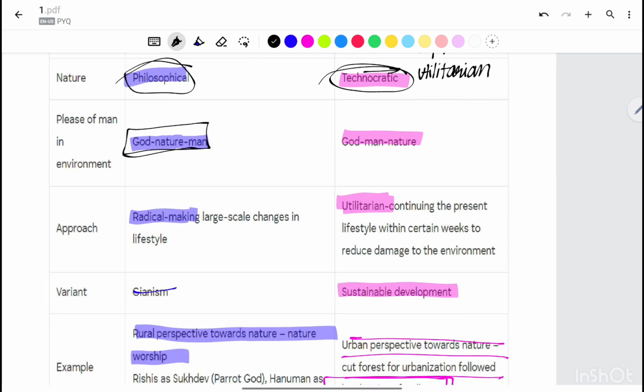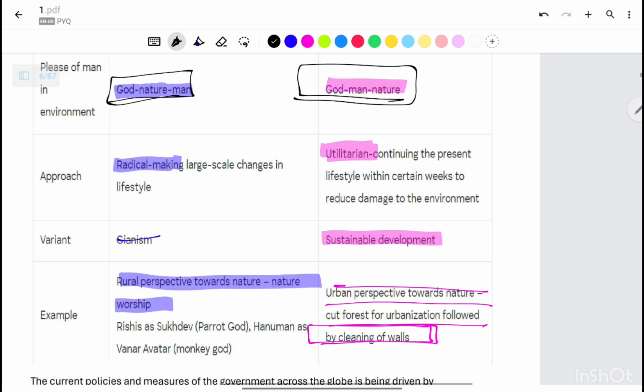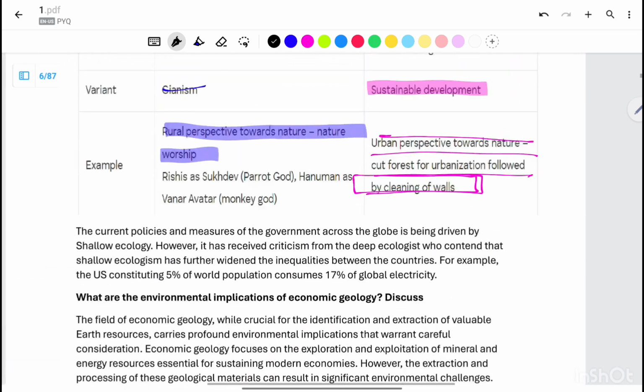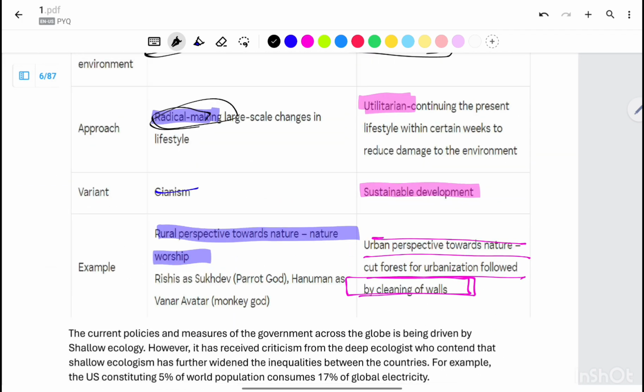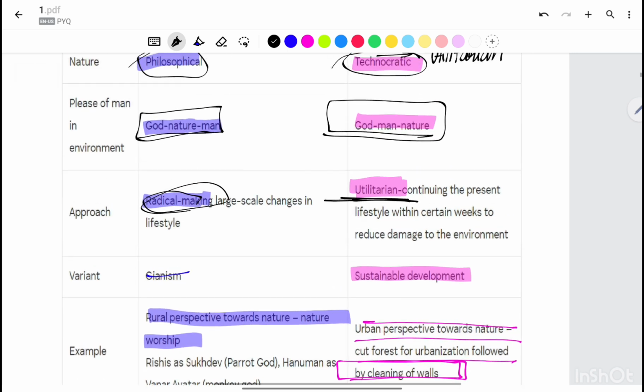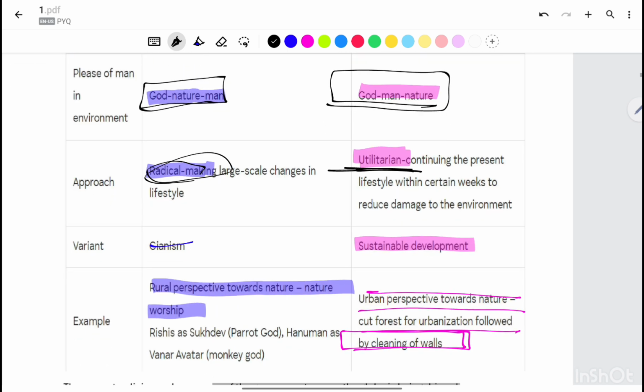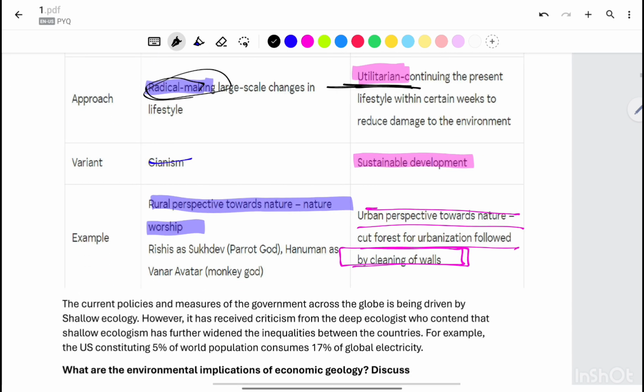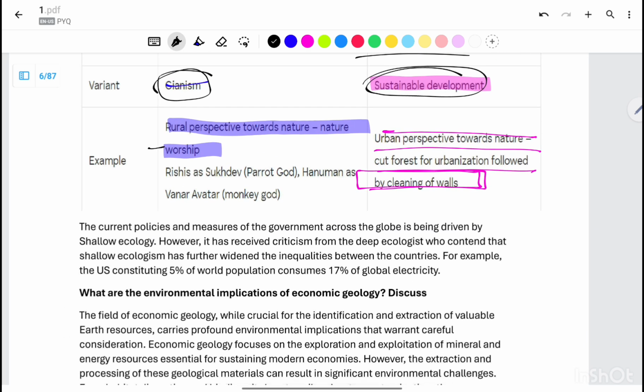God, nature, and then we have man. Here God, man, and nature. This is extremely radical over here. Utilitarian. We have here anthropocentrism versus capitalism, radical versus utilitarian, Gaianism versus sustainable development using SDG goals, ecological sustainability, rural perspective, urban perspective.